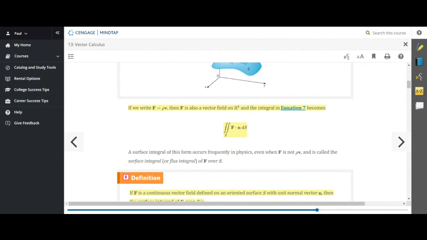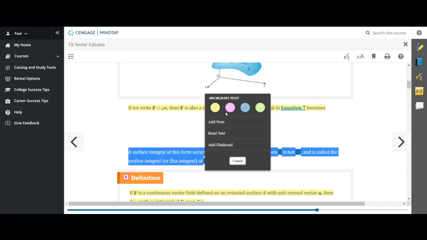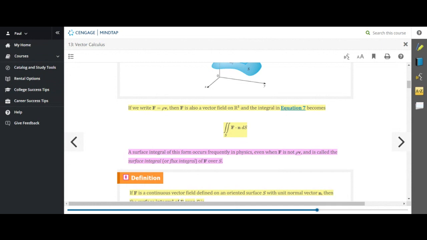That's called a flux integral. A surface integral of this form occurs frequently in physics and is called the surface integral of flux, or flux integral of the vector field over the surface.